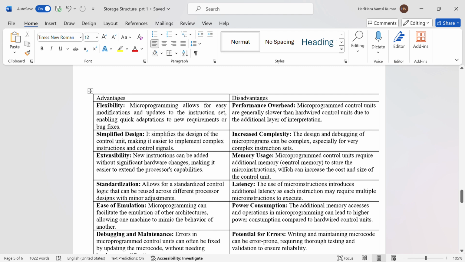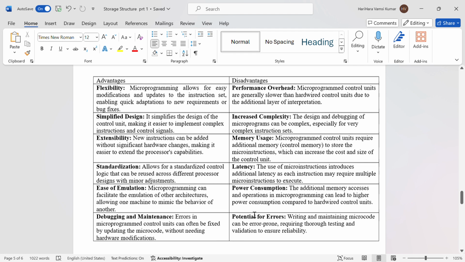Memory usage: microprogrammed control units require additional memory to store the microinstructions, which can increase the cost and size of the control unit. Latency: the use of microinstructions introduces additional latency, as each instruction may require multiple microinstructions to execute.